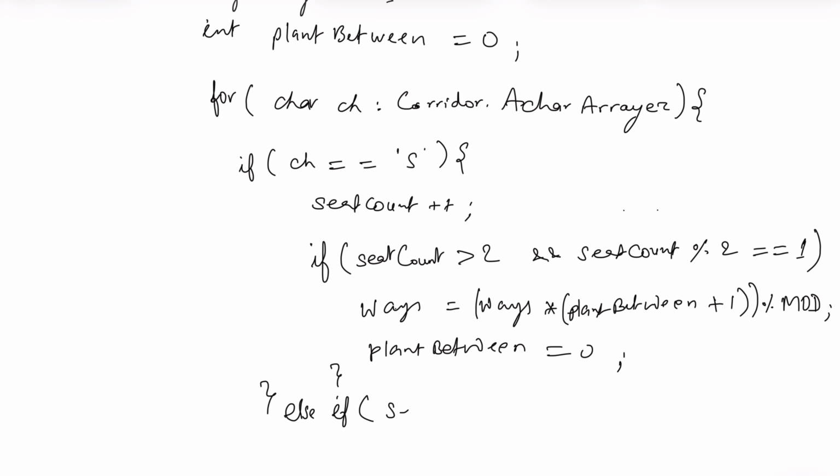Else, in all other cases, we will return, converting into an integer, the ways and the base. This is what we have to do.